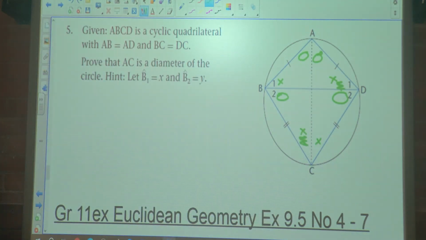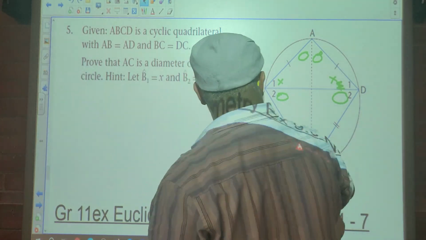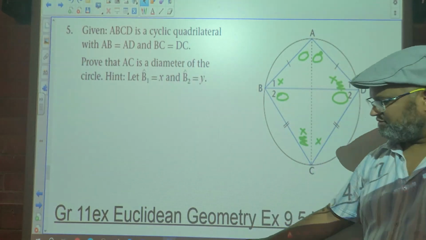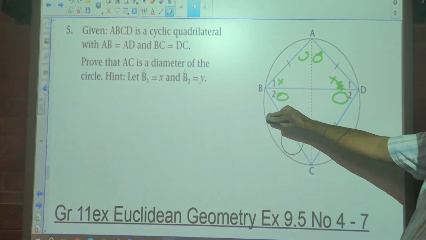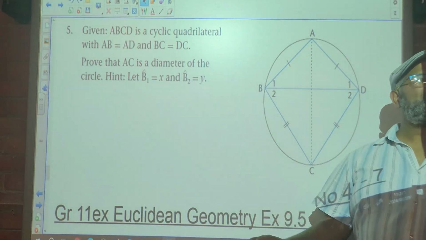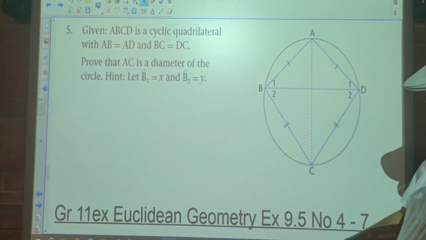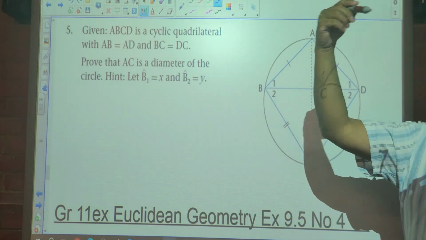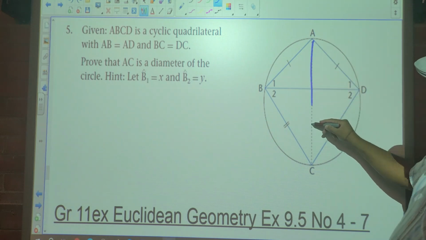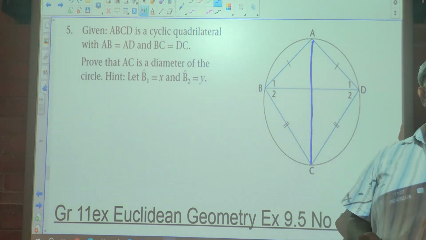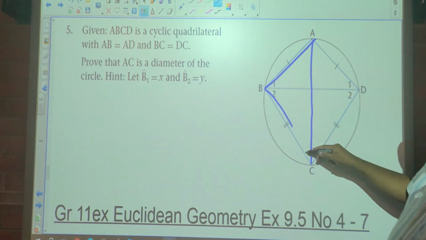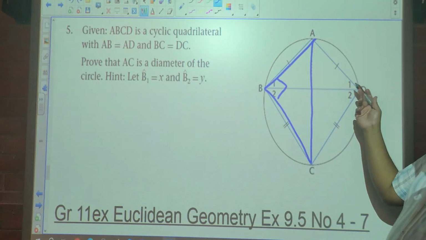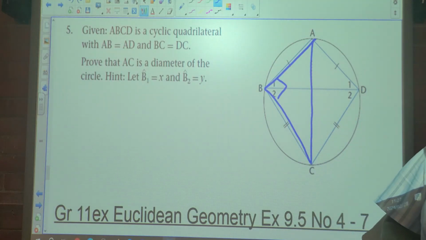Prove that AC is the diameter of the circle. Now, the question we should be asking ourselves: if AC was the diameter, and it is not, then what can we conclude? Listen nicely. That B1 and 2 is 90, or D1 and 2 is 90.